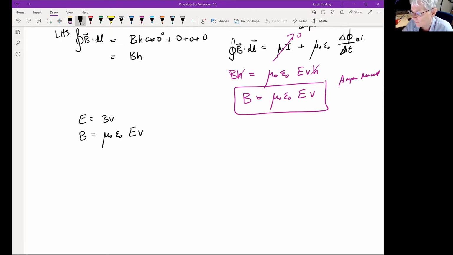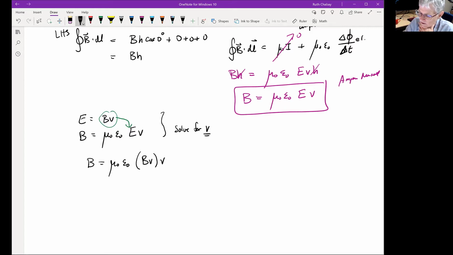So what we're going to do is solve for v, apparently. There's a constraint on the speed at which this thing can be traveling to work. So if we do a substitution, we take this B v and substitute for E, we get B equals mu 0 epsilon 0 B v times v, or mu 0 epsilon 0 B v squared.